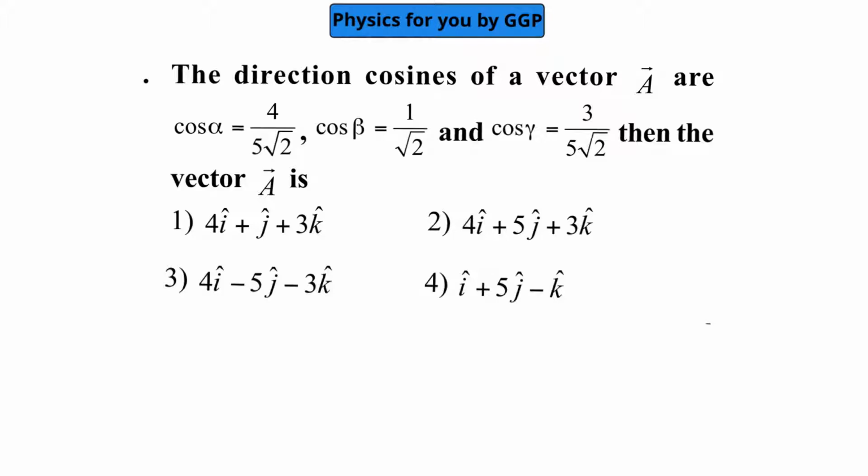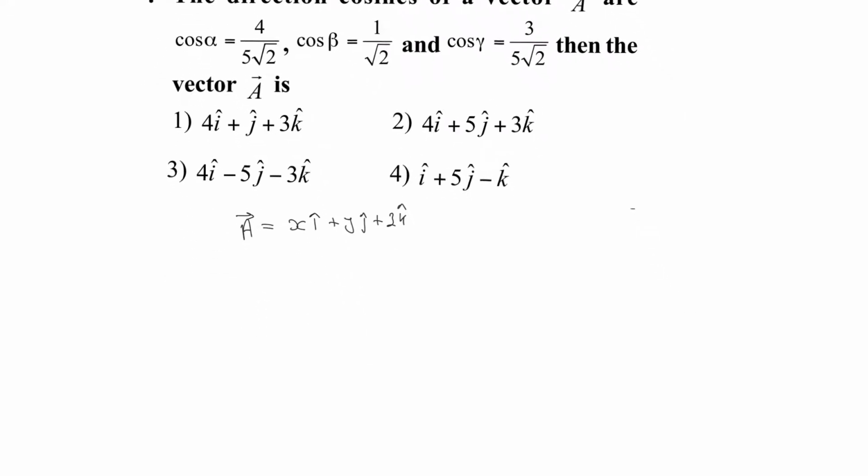So we know that direction cosine means, if we have a vector with components x i cap plus y j cap plus z k cap, and this vector makes an angle, let's say alpha, with the x-axis, then the component of the vector along the x-axis is a cos alpha.